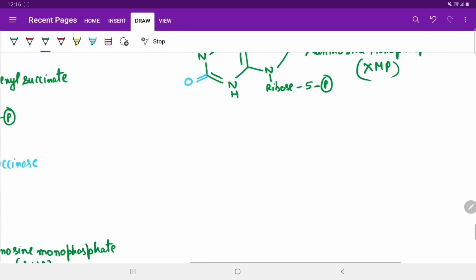So this will further be synthesized to form guanosine monophosphate in presence of enzyme GMP synthetase.